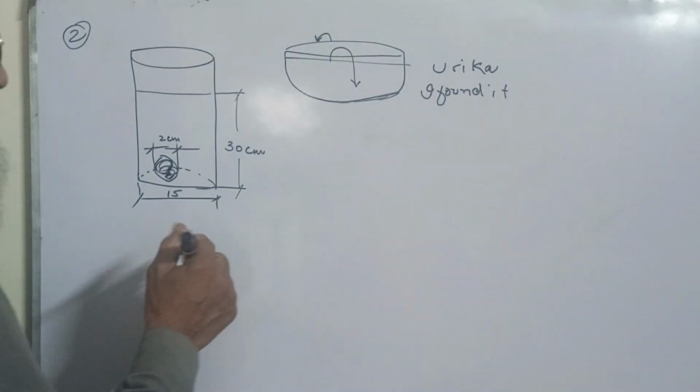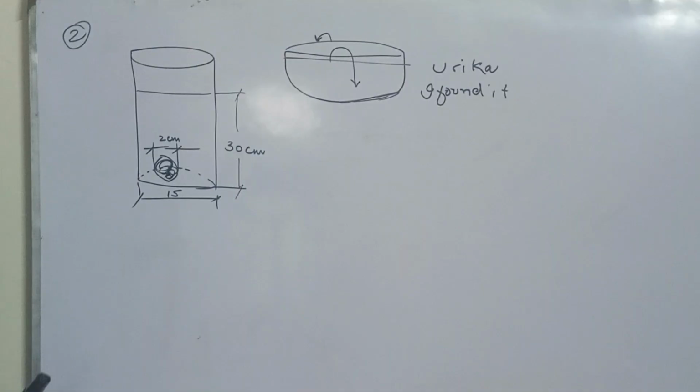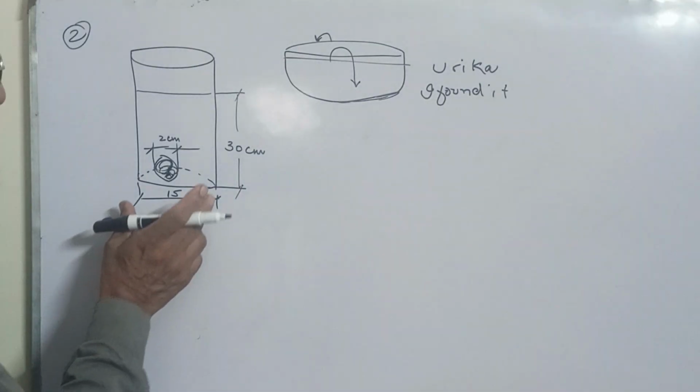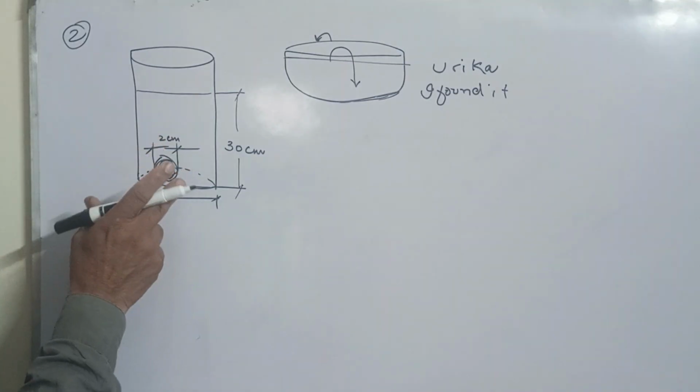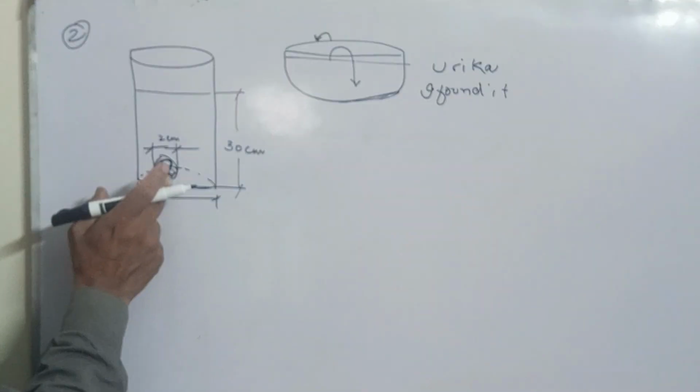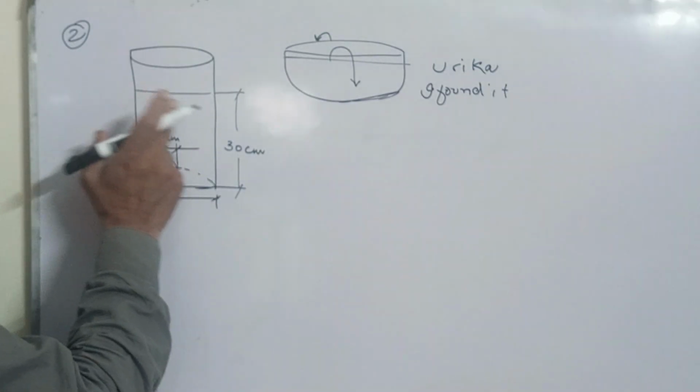So what is our problem? Our problem is that we have to find the volume of water when a steel ball has been immersed in water.